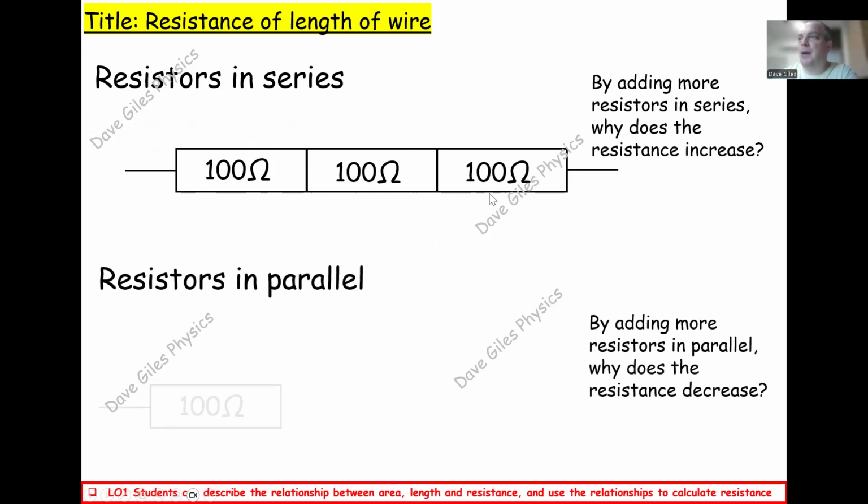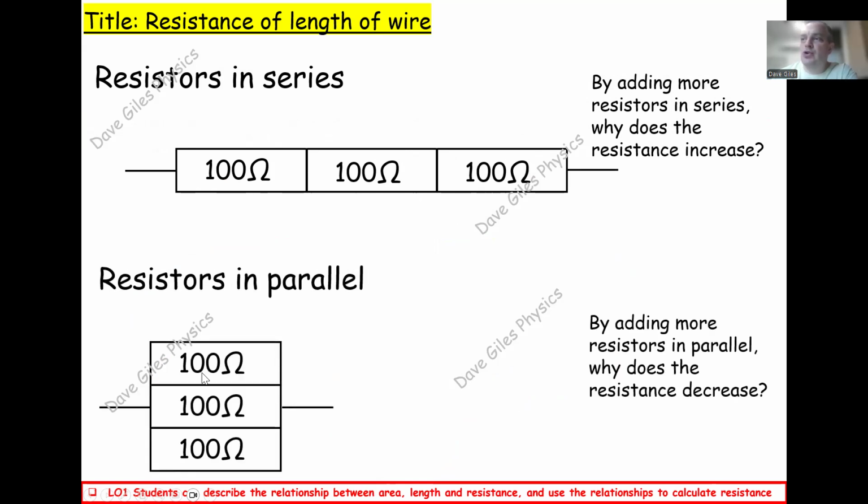Whereas when I add them in parallel, the electrons have more different paths that they can travel down, so the resistance actually decreases. So 300 ohm resistors in parallel, the resistance is going to be less than 100 ohms, about 33. Whereas in series, it's going to be about 300 ohms, so the resistance is multiplying here, whereas it's dividing here when I add more resistors.